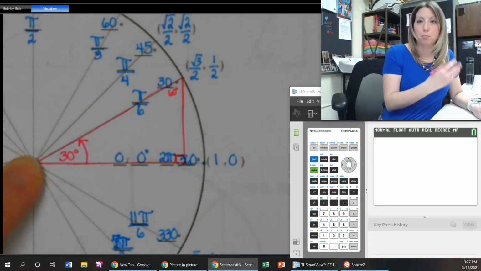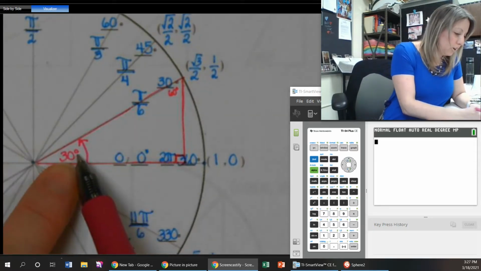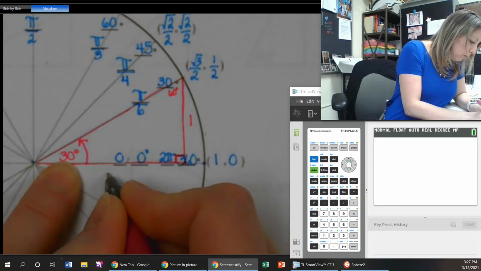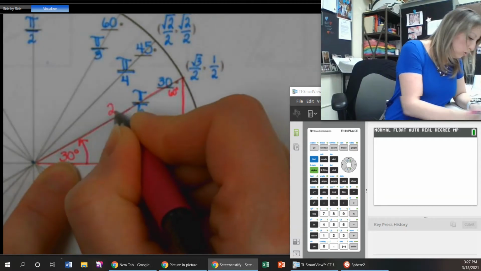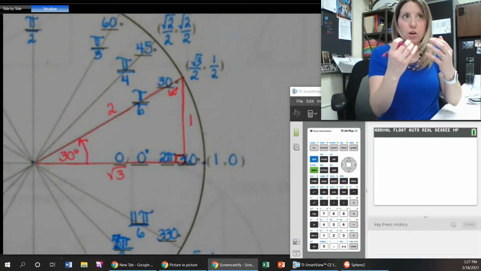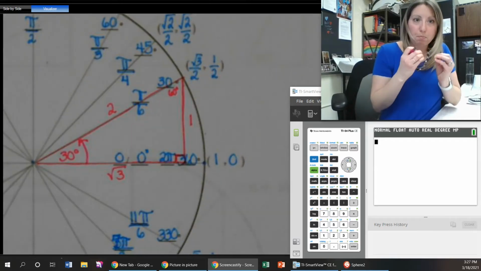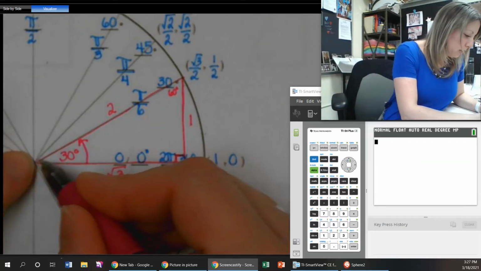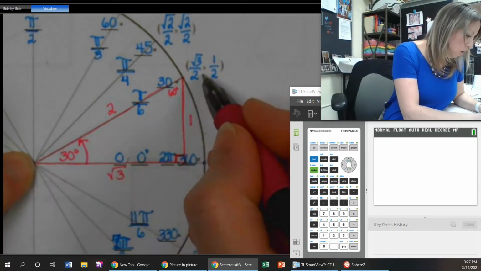And I know that the proportions of my sides are in 1, radical 3, and 2 as their proportions. But I also know that this radius right here is really just a 1, right?